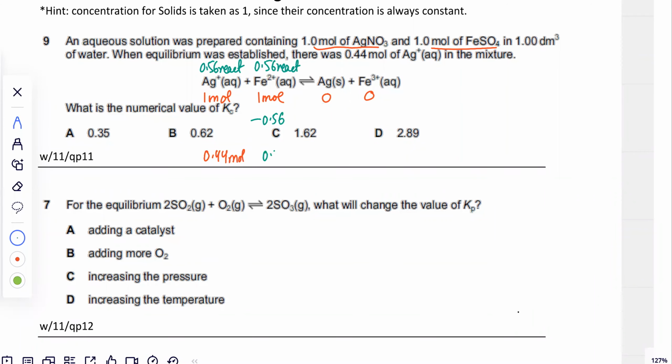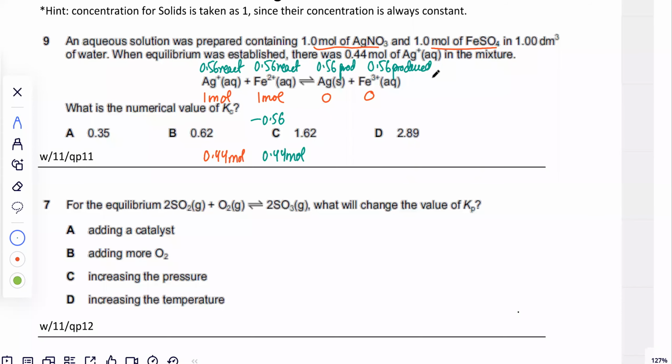And you're left with 0.44 moles of Fe2 plus. And 1 reacts with 1 to produce one of this and one of this. So if 0.56 react with 0.56, then according to the 1:1 ratio, they are going to produce 0.56 of this and 0.56 of this.